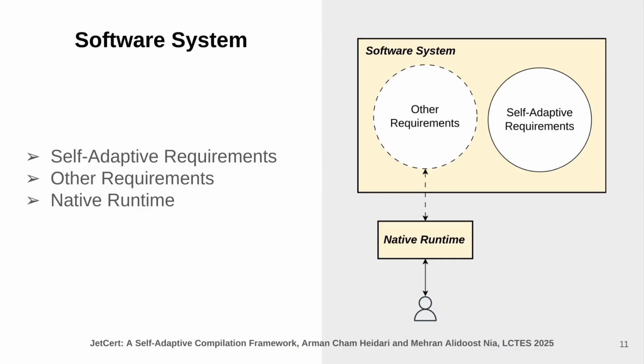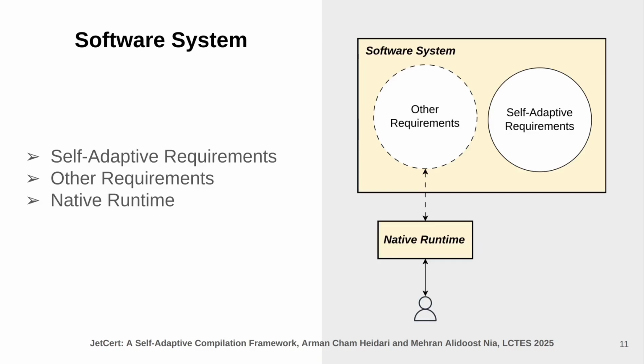So it's time to examine the architecture of JetCert. Developers of safety critical systems, to design and implement their systems within the JetCert framework, must first divide the system requirements into two distinct categories. The first includes requirements that need the establishment of an optimal trade-off between system safety and performance.